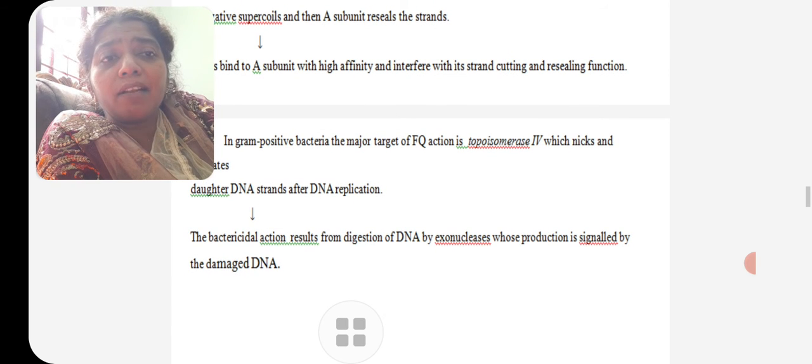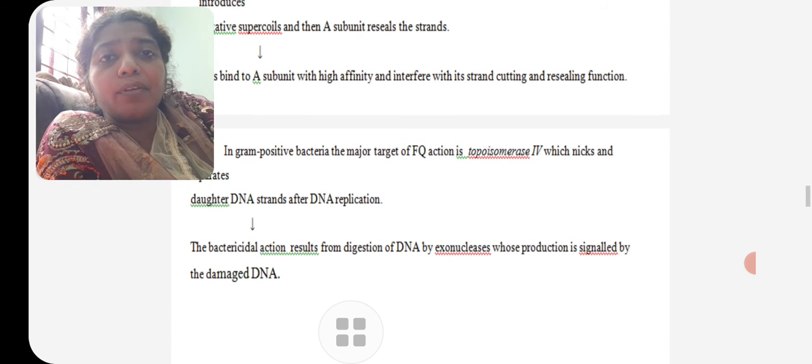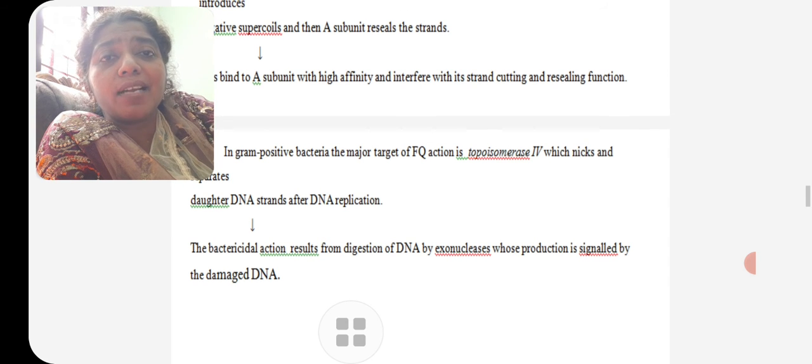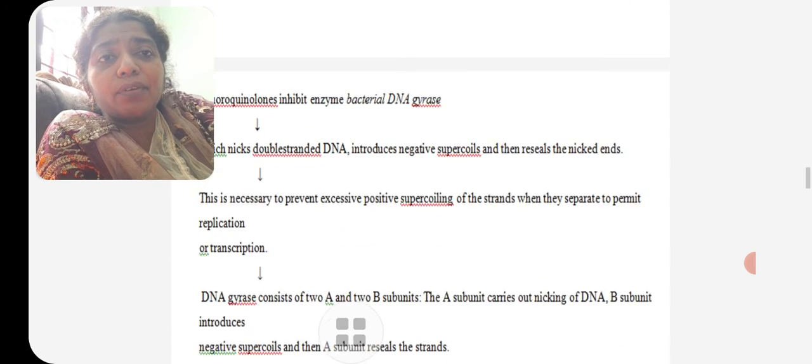So there will be a signal from the damaged DNA, the DNA will be digested by exonucleases, and finally bactericidal action occurs. That is the mechanism of action of fluoroquinolones.